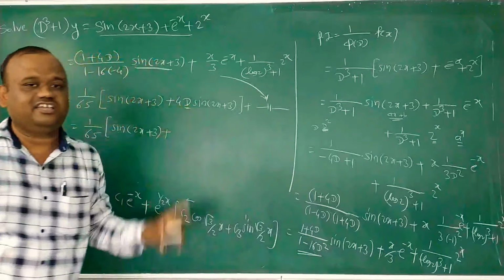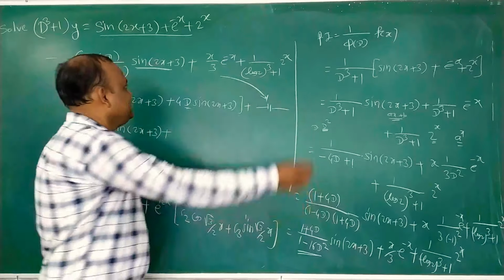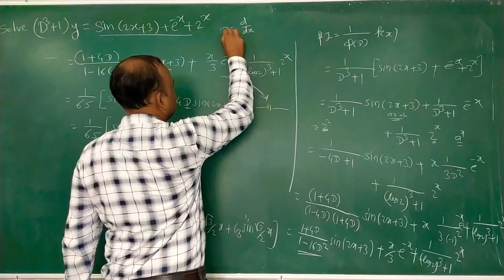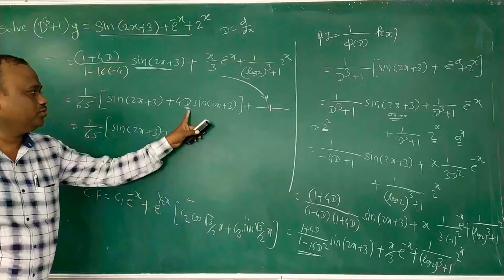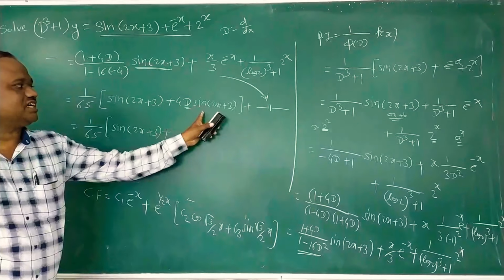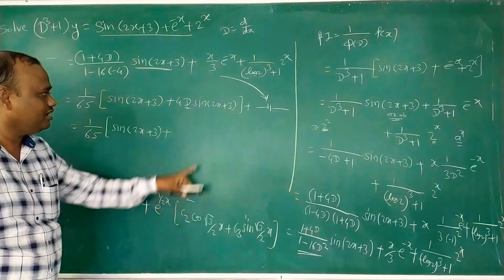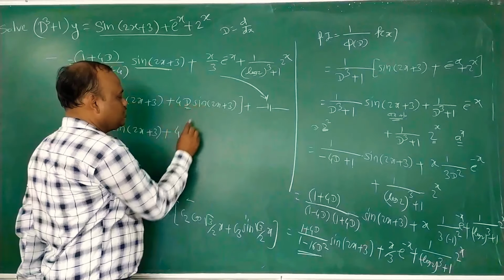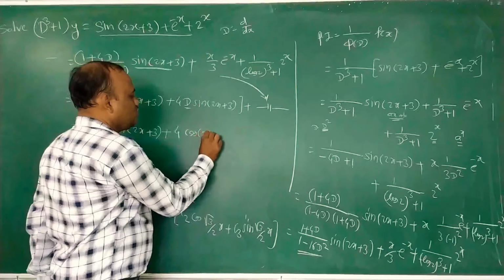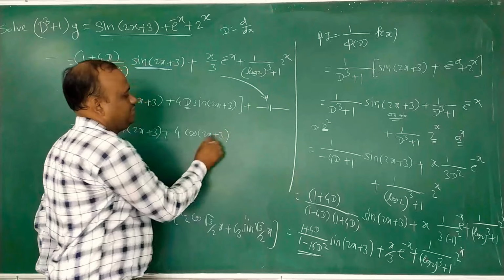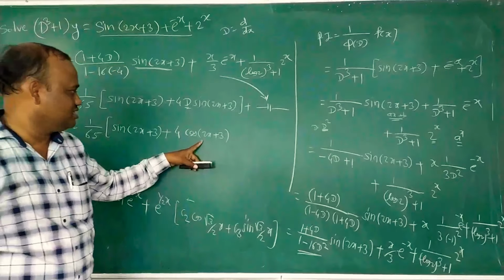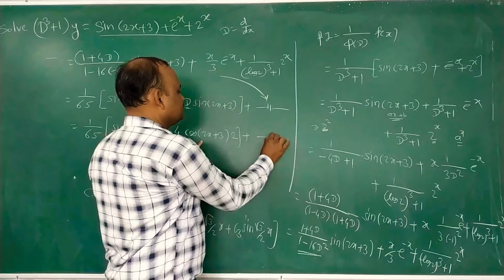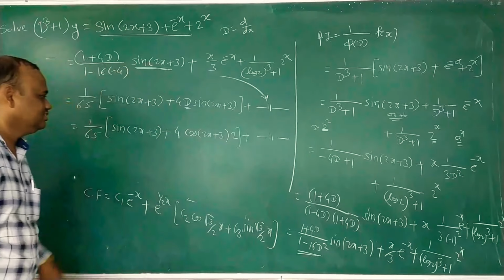What is capital D? Capital D is the differential operator d by dx. If capital D is d by dx, if you put it here, then d by dx of sine of 2x plus 3, meaning we have to take the derivative of sine of 2x plus 3, that is 4 as it is. The derivative of sine is cos of 2x plus 3 into the derivative of 2x plus 3 with respect to x, which is 2, plus the remaining terms as it is.